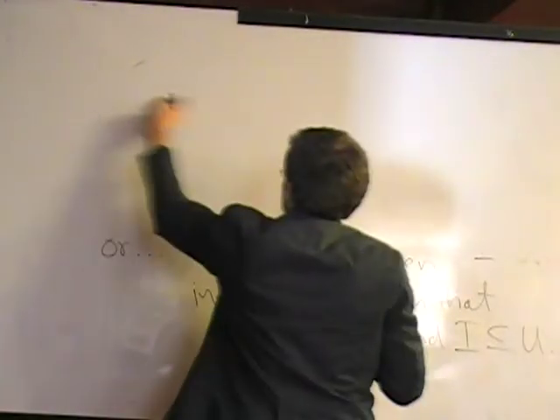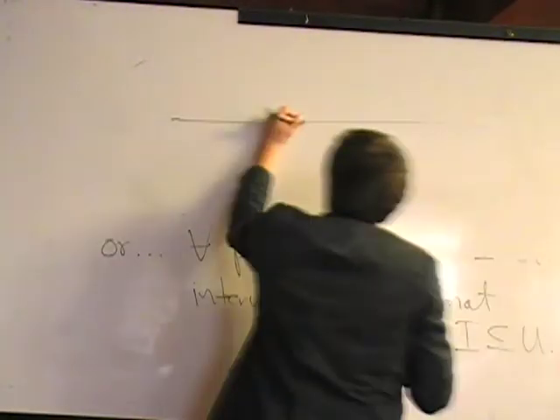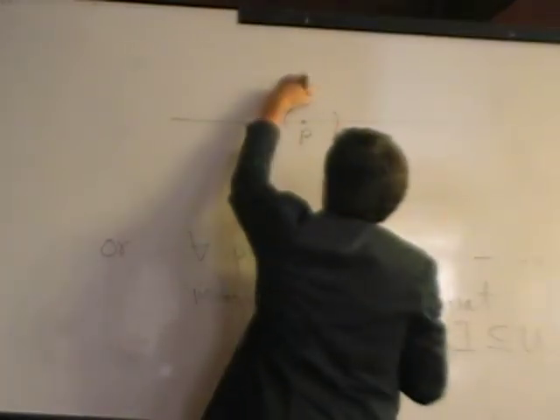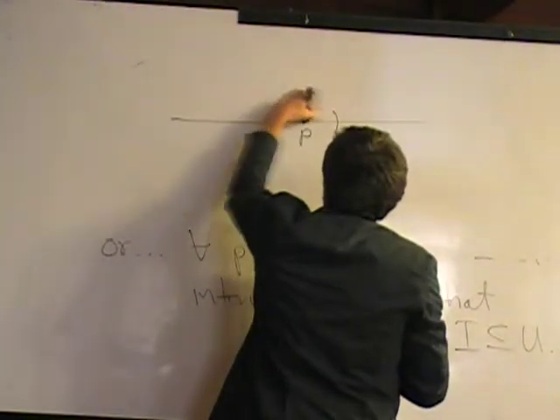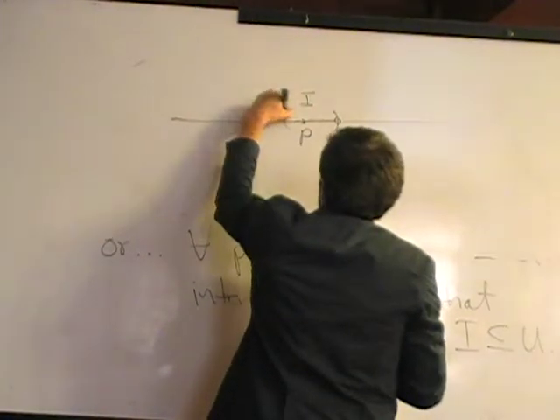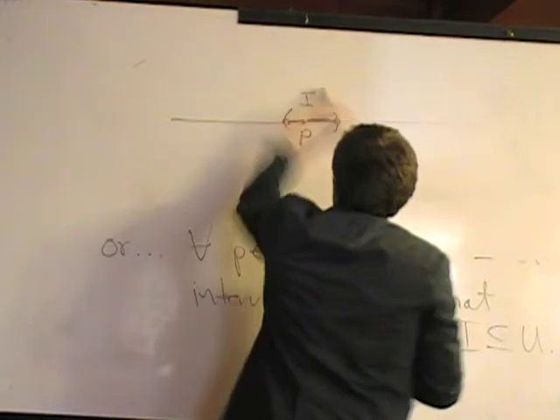If I give you a subset of R that's open, and you take any point in that subset, you have to be able to find an open interval, and it doesn't have to be centered at P. It can be any open interval. But it has to be a subset of U.